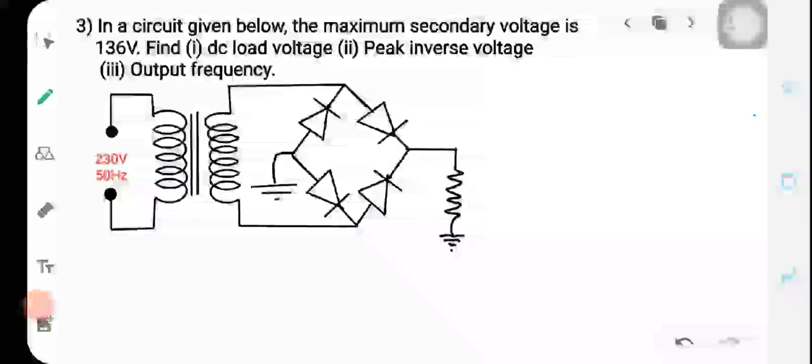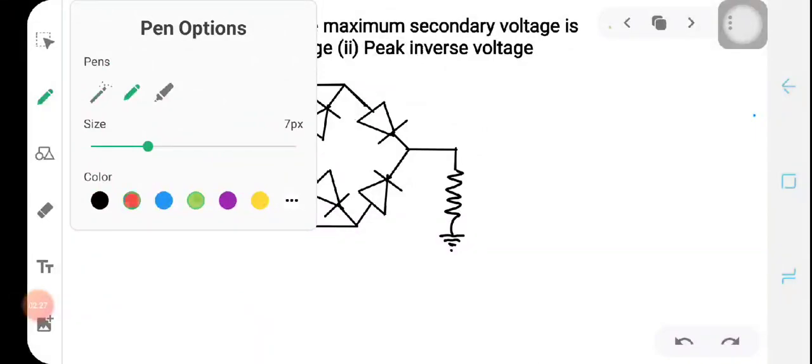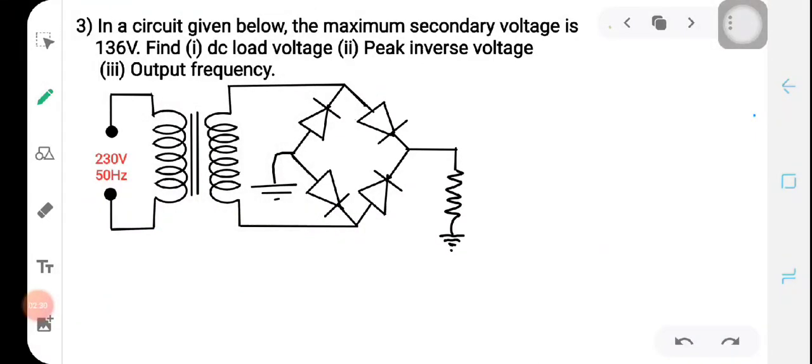Now we have to find the DC load voltage. So the load is given here, the voltage across the load we have to find, and also the peak inverse voltage, that is the voltage which appears across the reverse biased diodes.